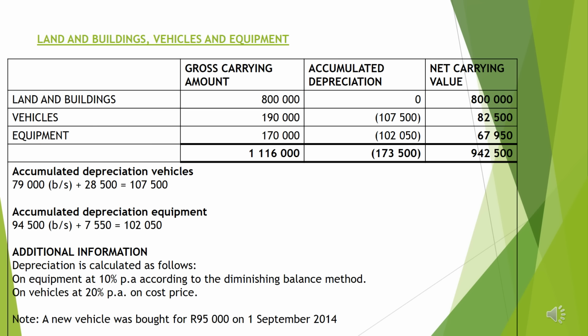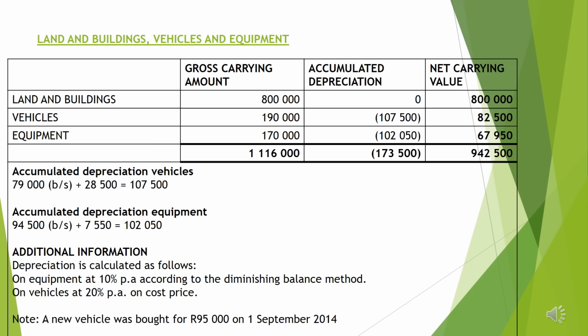The gross carrying amount is used when preparing the pre-adjustment trial balance. Then the net carrying value or net carrying amount is used to prepare the balance sheet or statement of financial position.